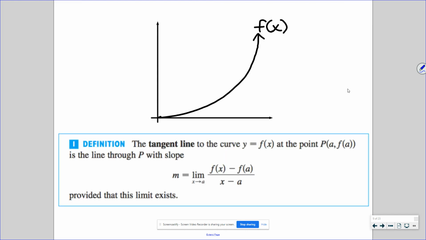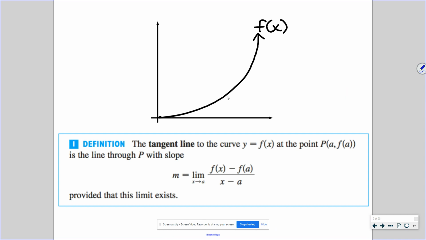Okay, here we go. So we're going to now take this concept and turn it into a formal definition. And we're going to do it 2 different ways. I'm going to ask you to draw this little curve with me, and we're going to use this little curve to help us set up this formal definition.